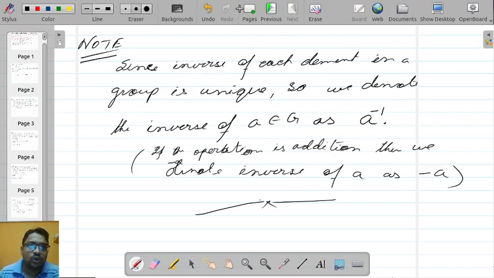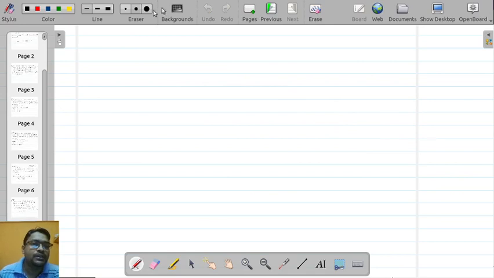All this is possible because the identity and inverse elements of any group are unique.